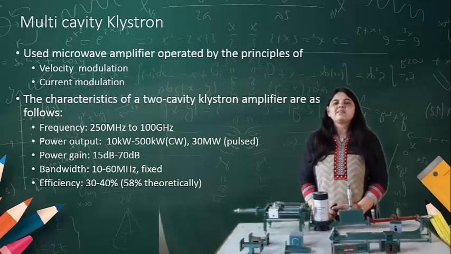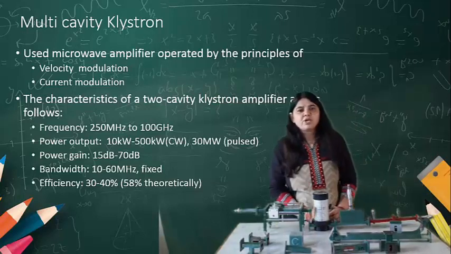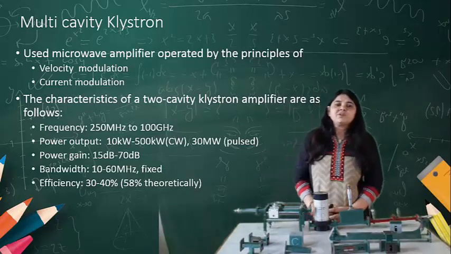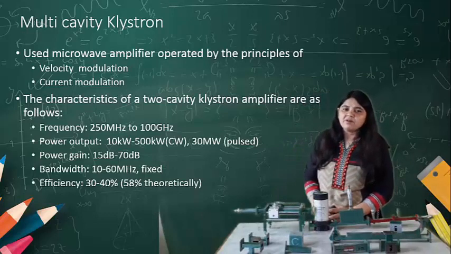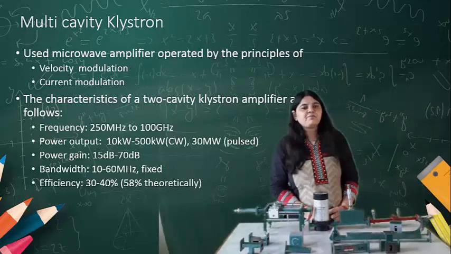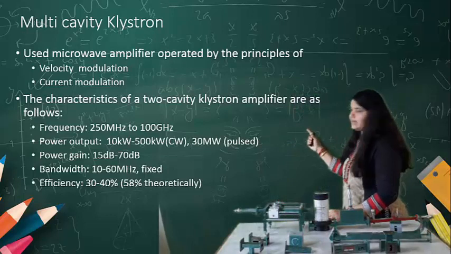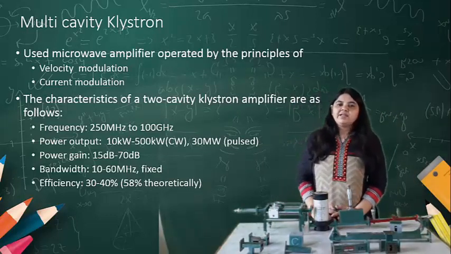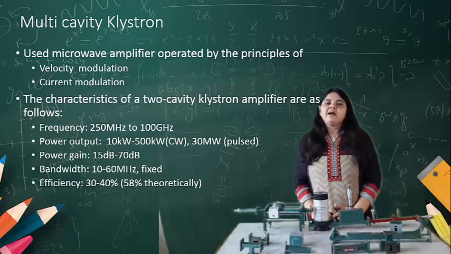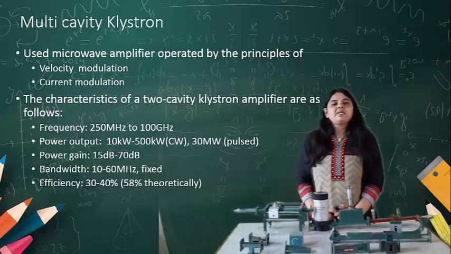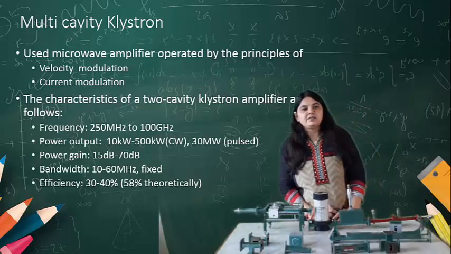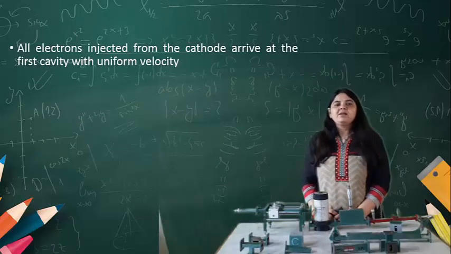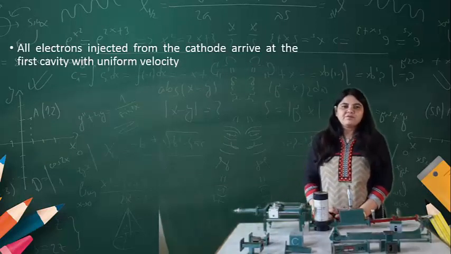That is why microwave devices are used, which generate high power. The power gain is 15 dB to 70 dB, bandwidth is 10 to 60 megahertz and efficiency is 30 to 40%. Theoretically, practically these values can be different.